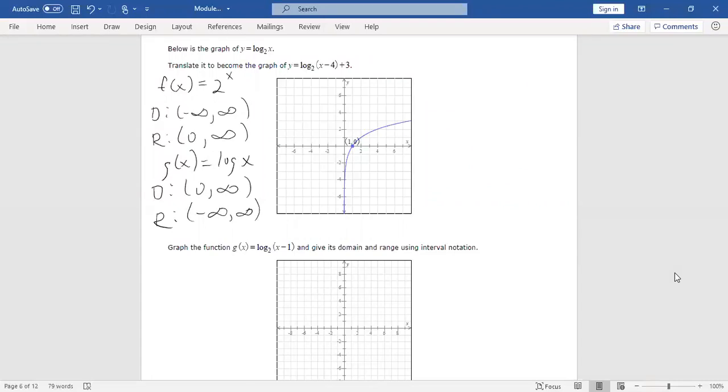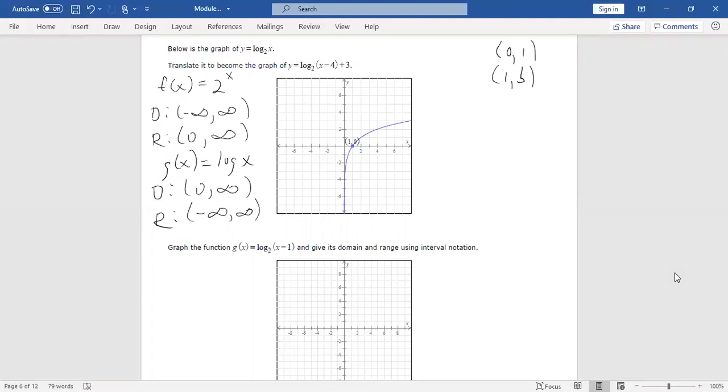Okay, so now when you look at this graph, it says translate. So we're going back to our transformations or our translations. So we're given log base 2 of x, and that's what you see graphed there. So again, let's talk about those points that we talked about with exponential functions. With exponential functions, we said that with every graph before translations, the graph would pass through 0, 1, and 1, and whatever the base is.